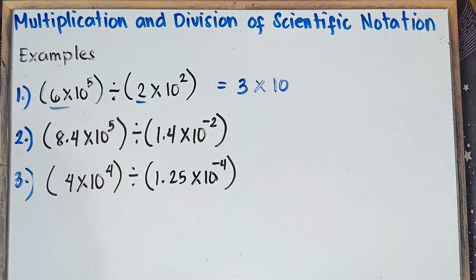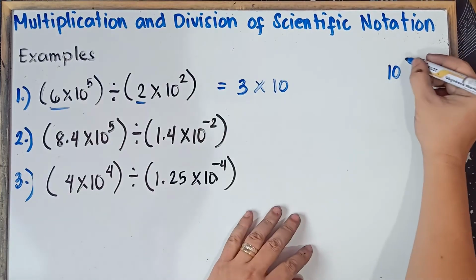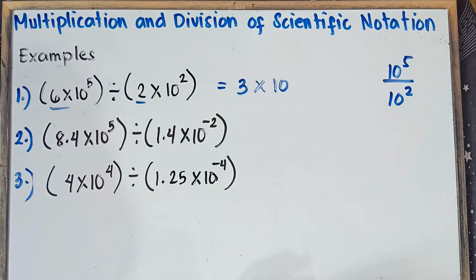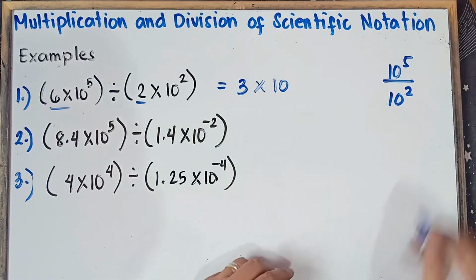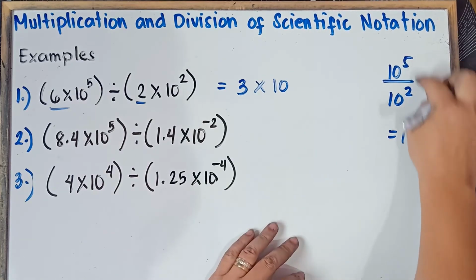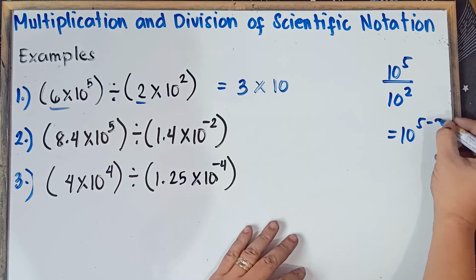Now, in division, class, you need to subtract the exponent. Once again, class, if you're dividing the same base, 10 raised to the power of 5 divided by 10 raised to the power of 2, in the laws of exponent, if you're dividing, you need to subtract the exponent. You copy the base, copy 10, and then simply subtract the exponent, 5 minus 2.